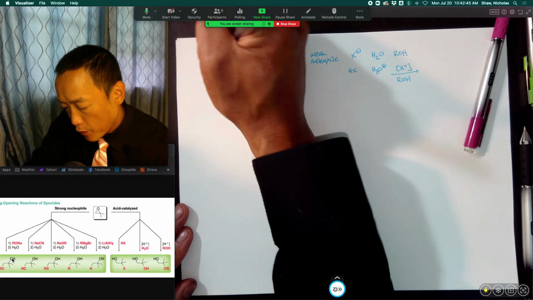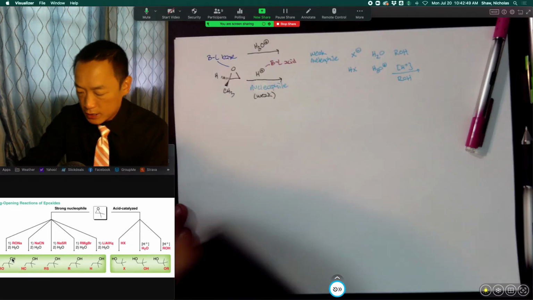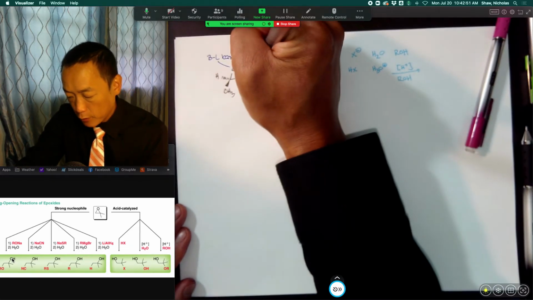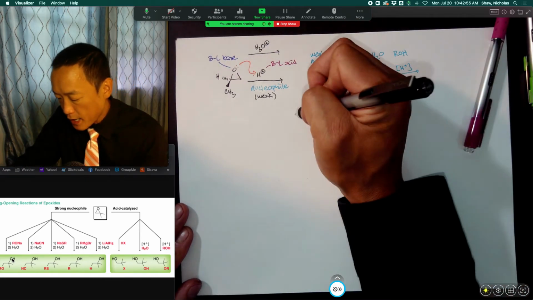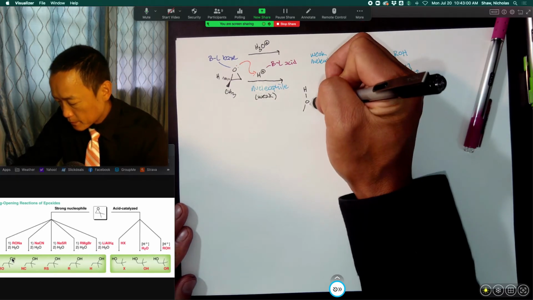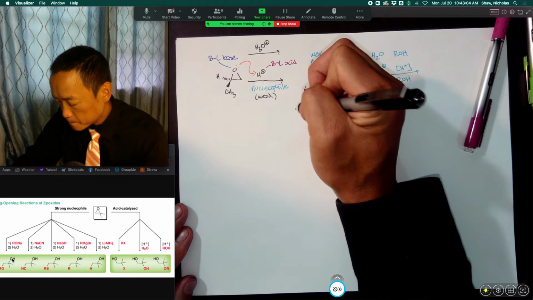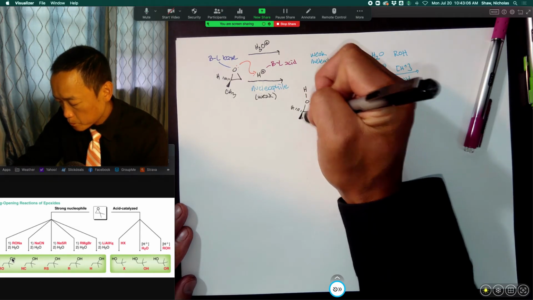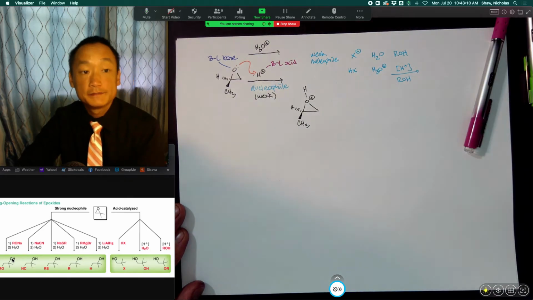And so we have our Bronsted-Lowry base here as well. Electrons on this oxygen are susceptible to a proton adding. And what we observe at the end of that is we now have a protonated epoxide that has a positive charge on it.